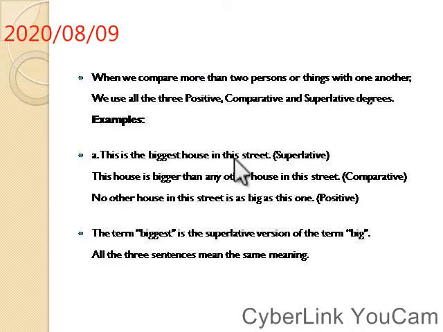Superlative means highest. He is a tall boy: we are saying that simply, comparing with no one. He is taller than his friend: there are two persons, we are comparing between the two, and saying he is taller than the other.